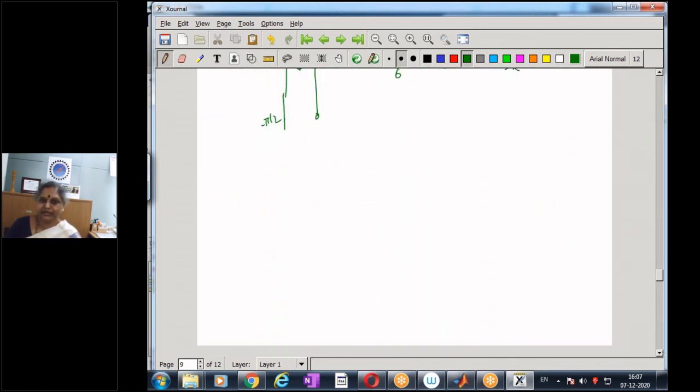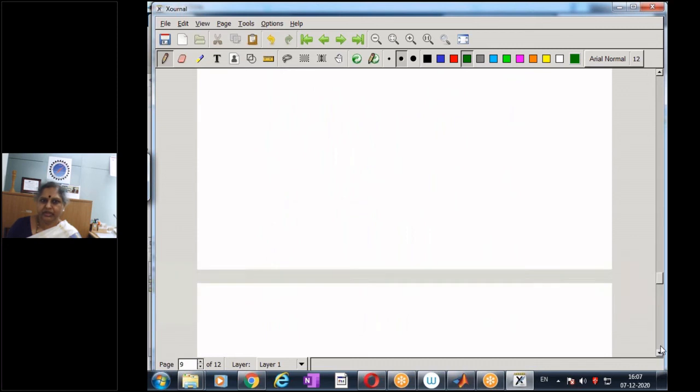So now to summarize, we have seen two FFT algorithms. We have seen the DIT FFT algorithm and also the DIF FFT algorithm. And both are applicable only when n is a power of 2.